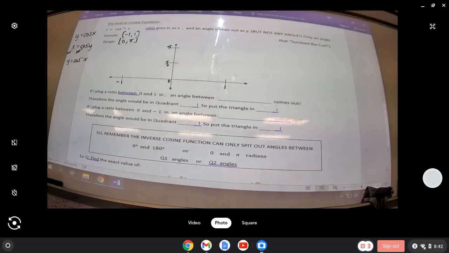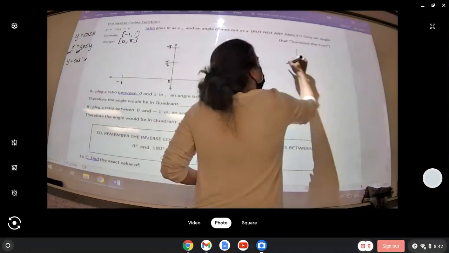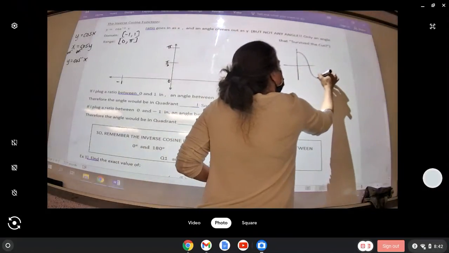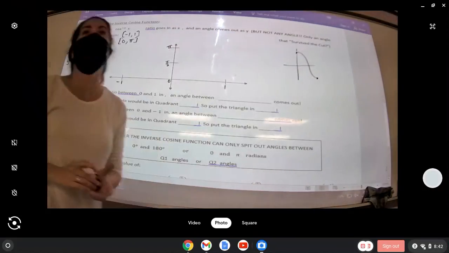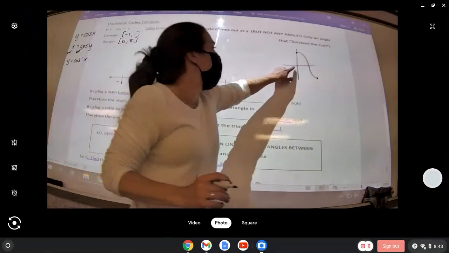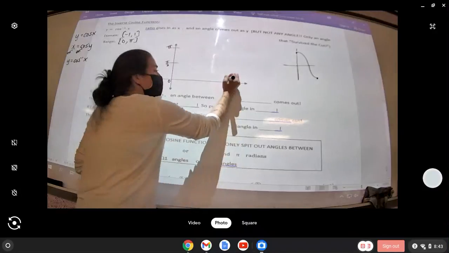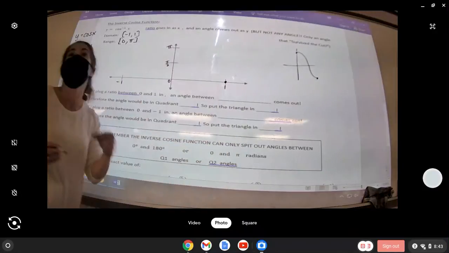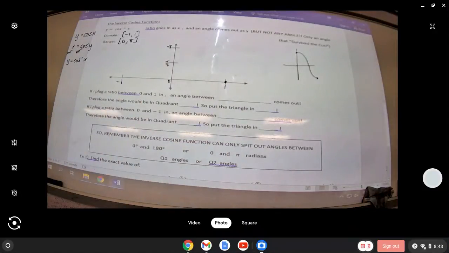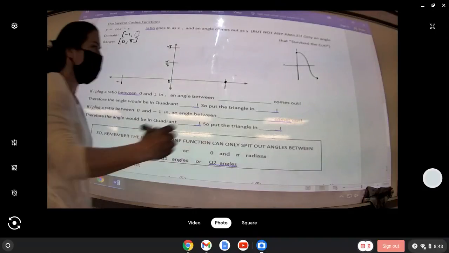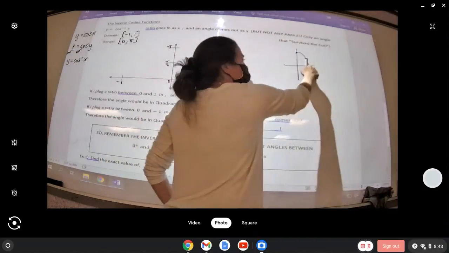Okay, so guys, if you can picture the portion of the cosine curve that survived, right? This was the angle 0 and a ratio of 1 came out. So now a ratio of 1 goes into the inverse and an angle of 0 radians comes out. All right, this was pi over 2, 0.